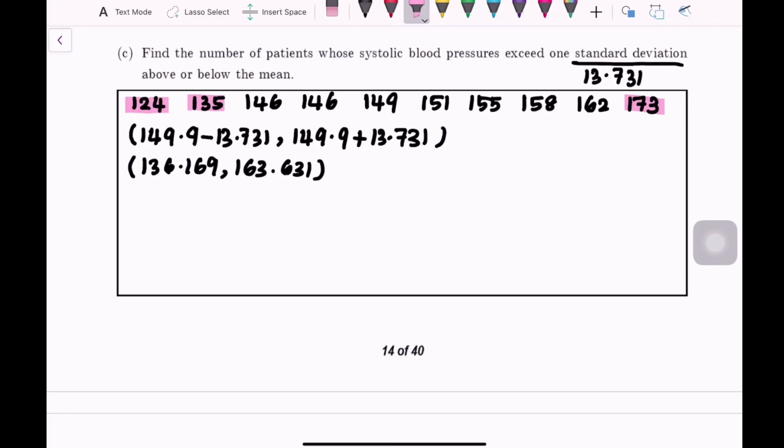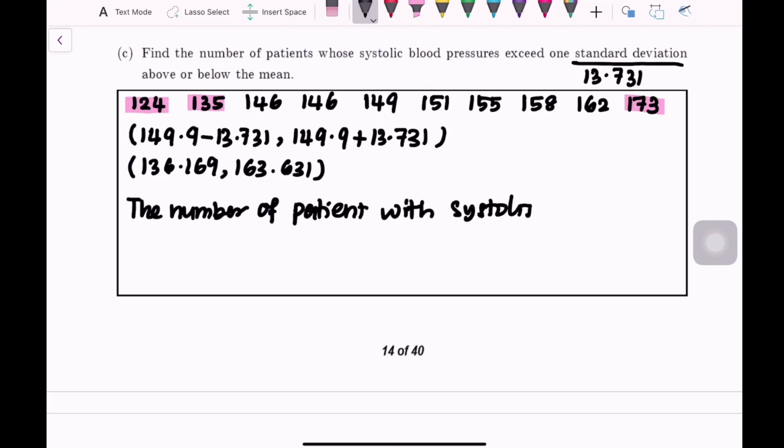So we write the number of patients with systolic blood pressure outside the range is 3.